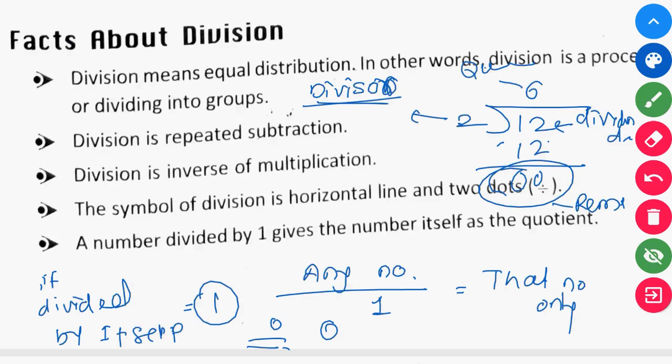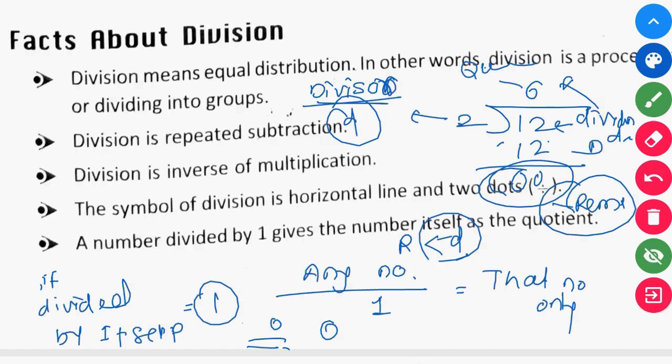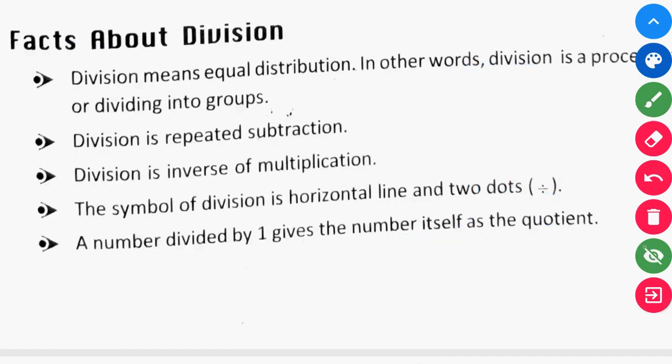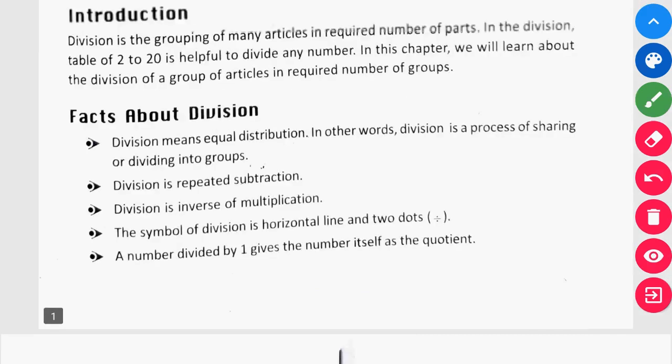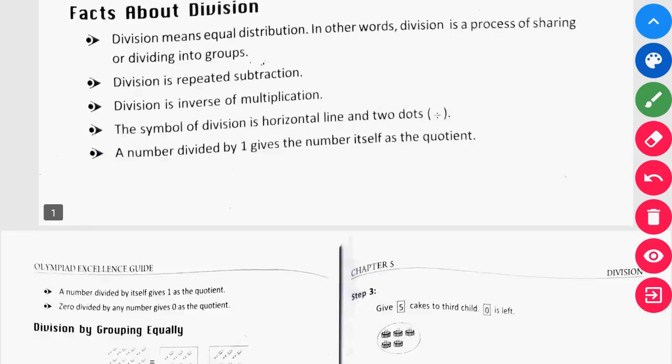So in division, we divide until the remainder becomes 0, or till the remainder is less than the divisor. The remainder should be less than the divisor. Now the divisor is denoted by small d, the dividend by capital D, the quotient by Q, and the remainder by R.